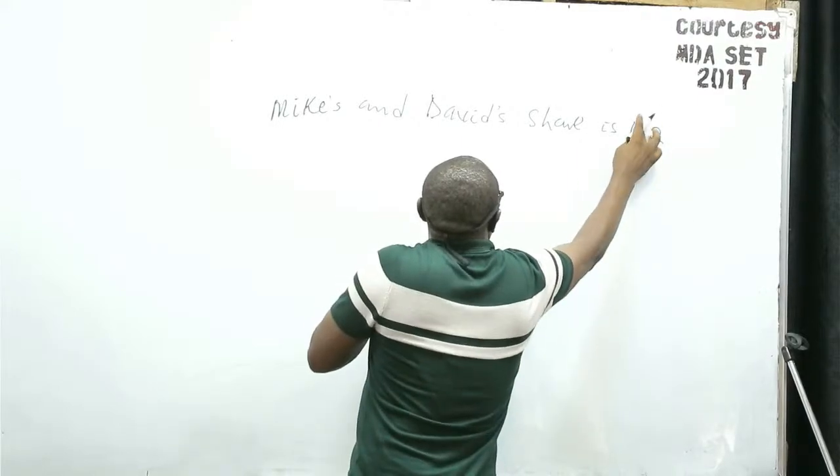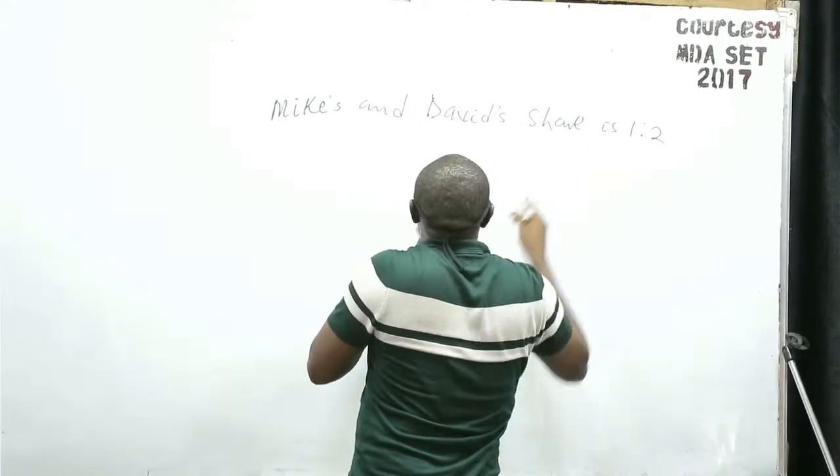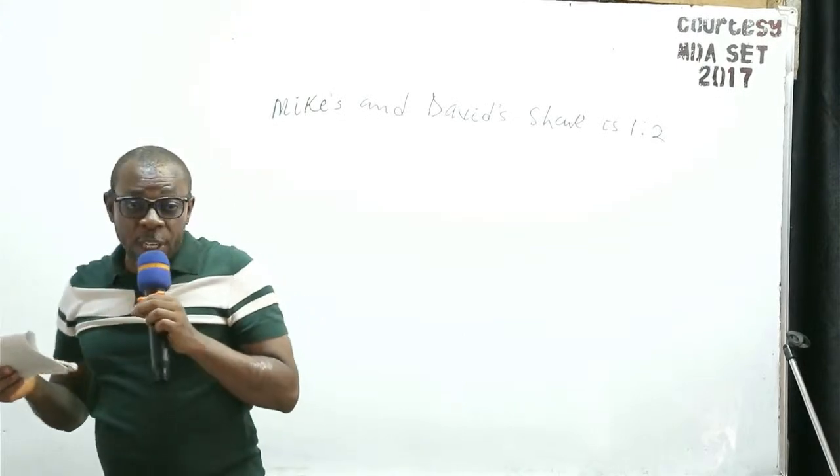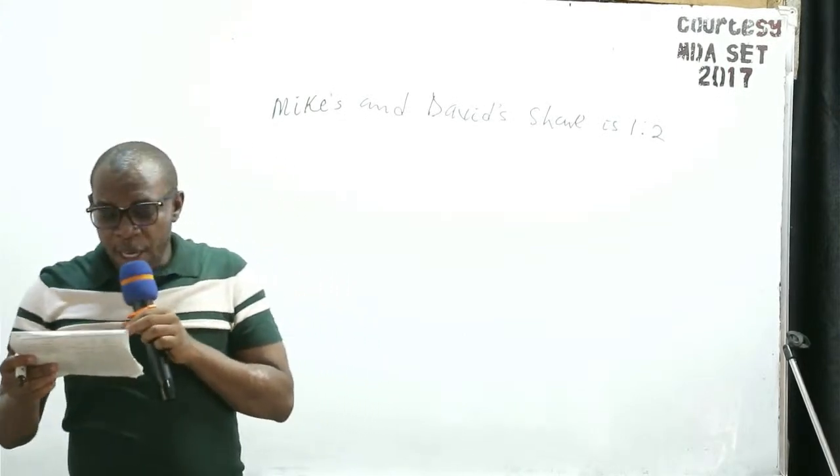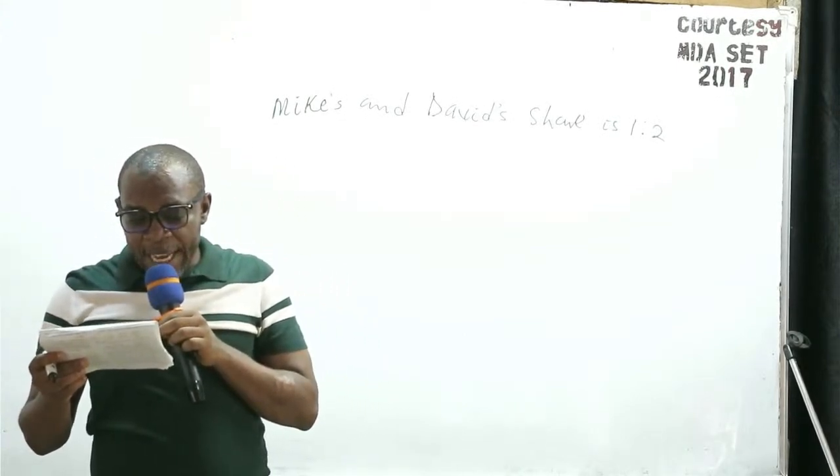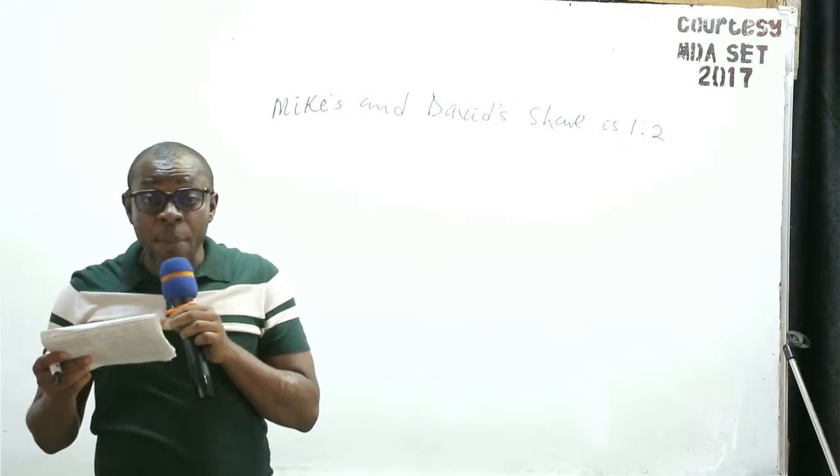2 is 1:2. But we are talking about 3 words. And the first here is Mike and David, comma.